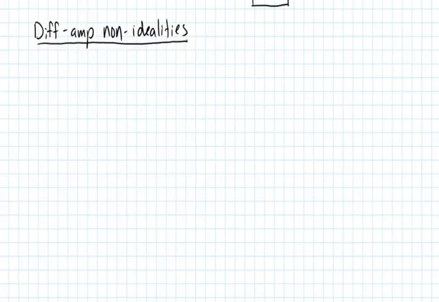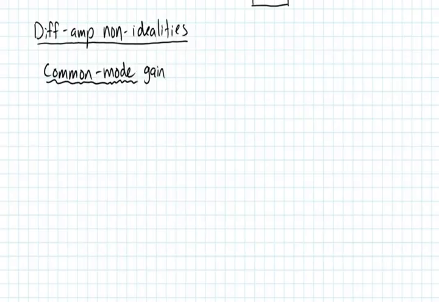All right, the first one is that differential amplifiers ideally should have none, but they do unfortunately suffer from common mode gain. We'll abbreviate this as AVCM for common mode.